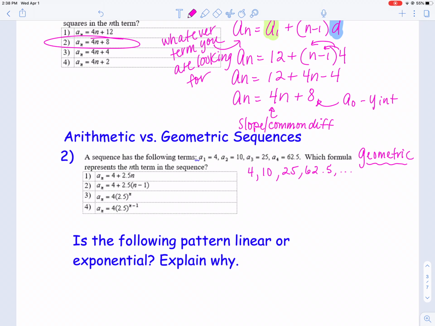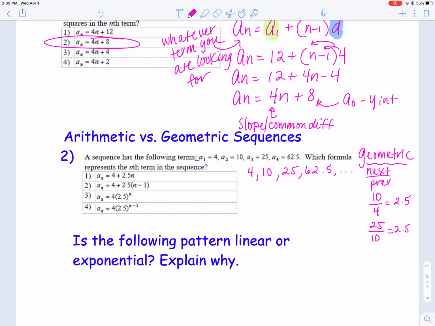Now, to get your common ratio, all you would have to do is take your next term and divide it by the previous. It'll work every time. Next divided by the previous term. So, for instance, 10 divided by 4, you will get 2.5. If you do 25 divided by 10, you'll get 2.5.